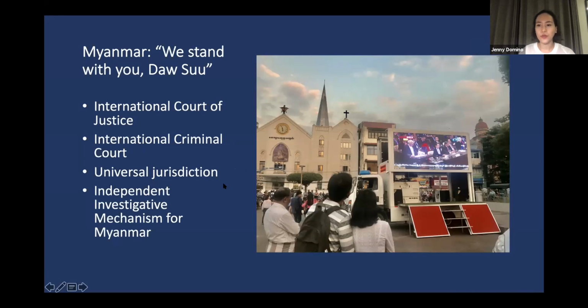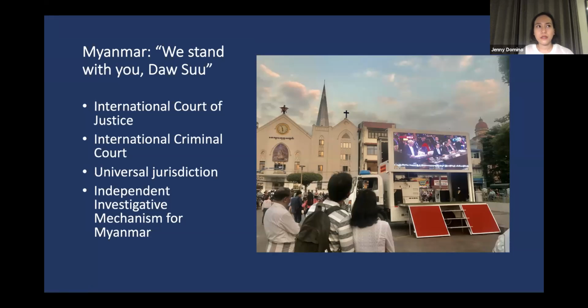Many of you may already be familiar with the various international proceedings concerning Myanmar. This was triggered by what happened in 2017 in Rakhine State, which is the home of the Rohingya ethnic group. In 2017, the military conducted clearance operations in Rakhine State, which drove hundreds of thousands of Rohingya to flee Myanmar for Bangladesh.